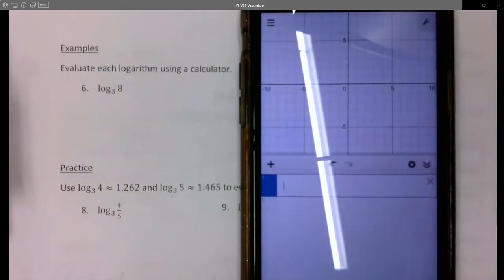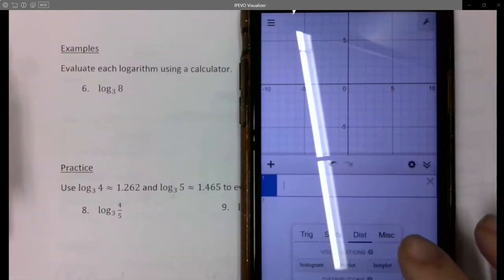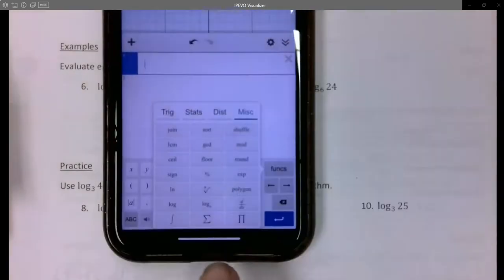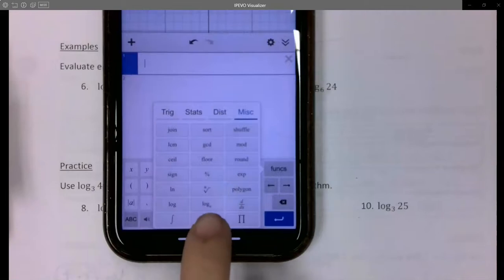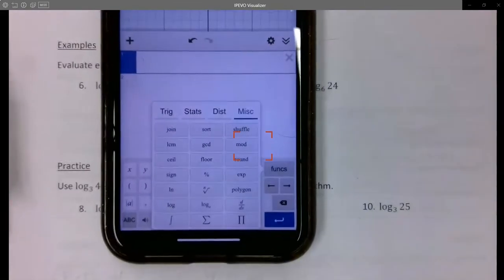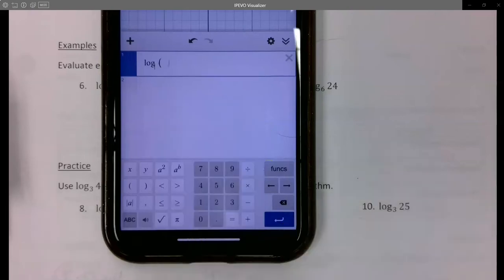Anyways, so I have this. I think I could just, oh yeah. If I see on my phone, there is a log with a little tiny a. It's not very clear. But right here, I click that, and then I'm in the base part, so I type the 3.